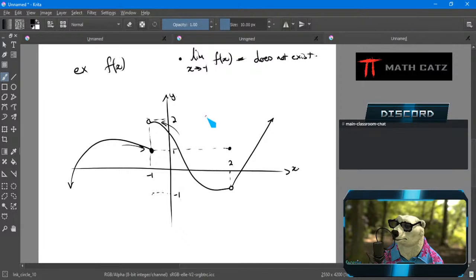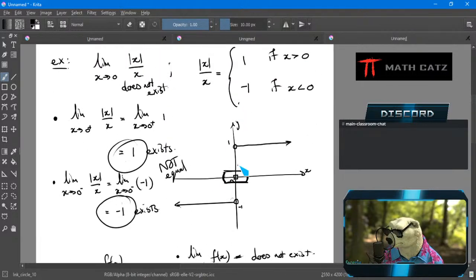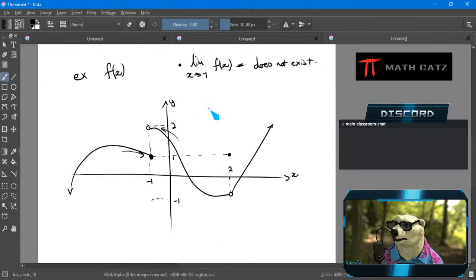For the same reason as this function. I can't hone in on a y value, regardless of how small my x window is. The one-sided limits do not agree. It doesn't exist.